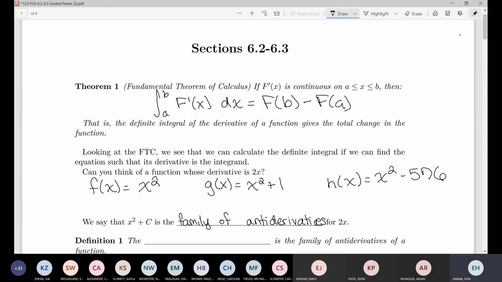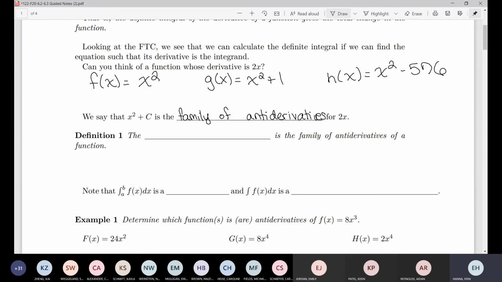Let's get through this next definition and first example. That's as far as we'll get. But this is essentially what we're building up to now: we're going backwards. But when we go backwards, we need to realize that we can always pick up a constant, because if you take a derivative, the constant drops. So you always need to keep that in mind by tacking on a plus c.